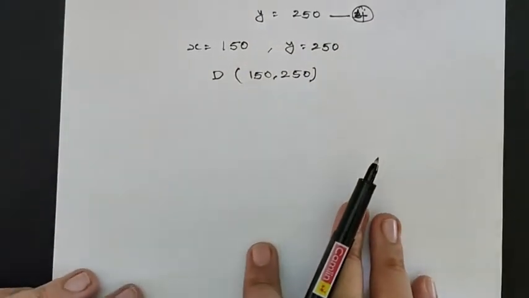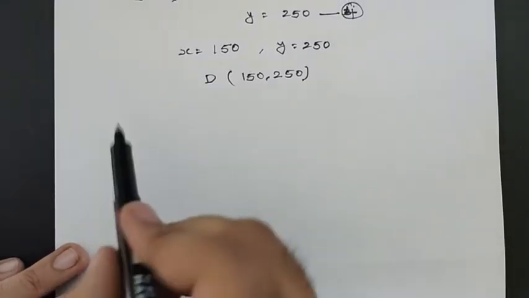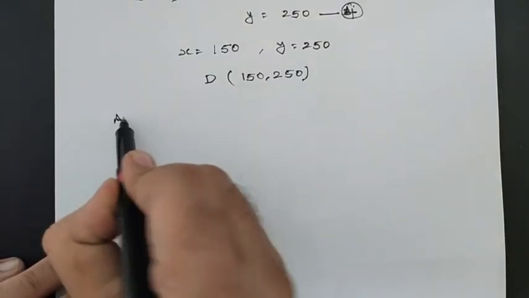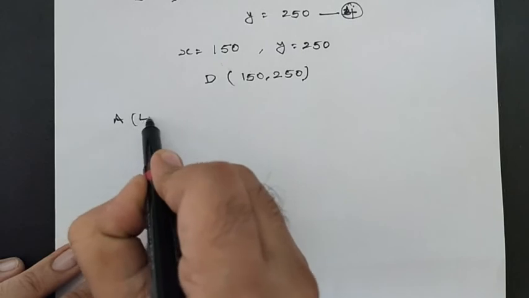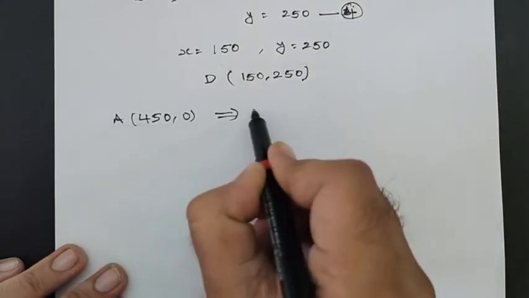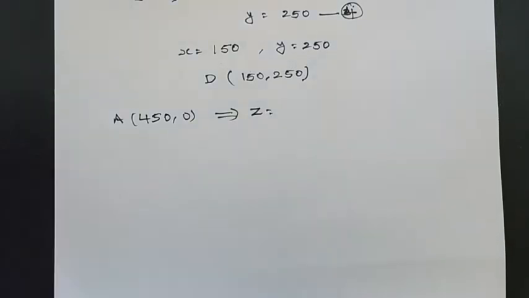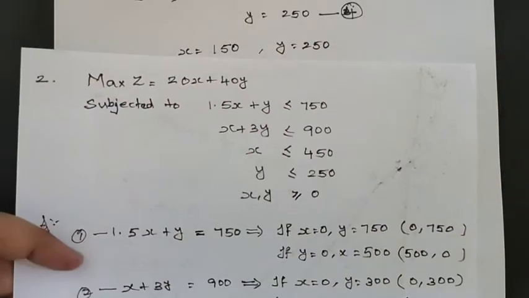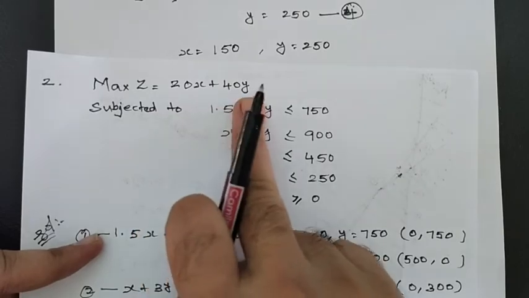So now substitute in the objective function. If you take point A, it is 450 comma 0. Then what is the value of z? So z is equals to, what is the objective function? 20x plus 40y.